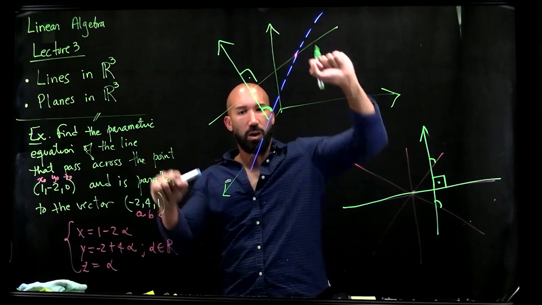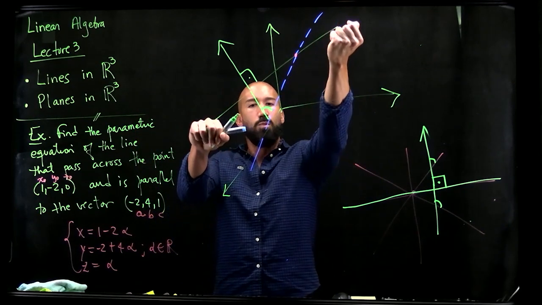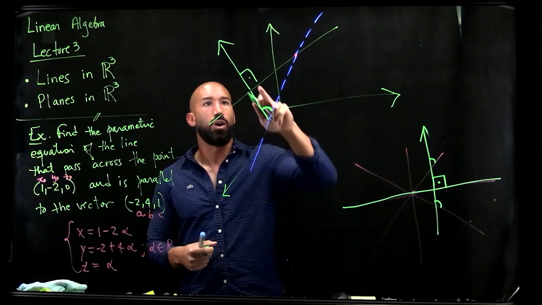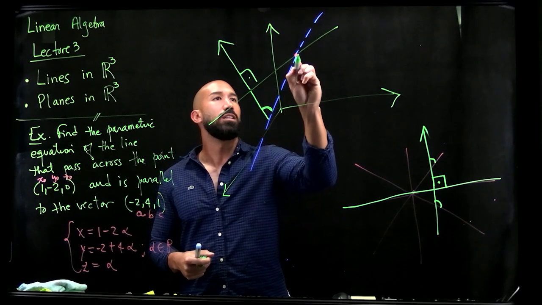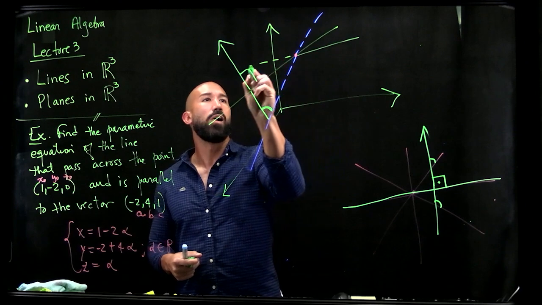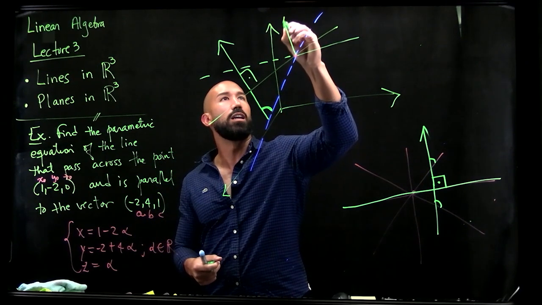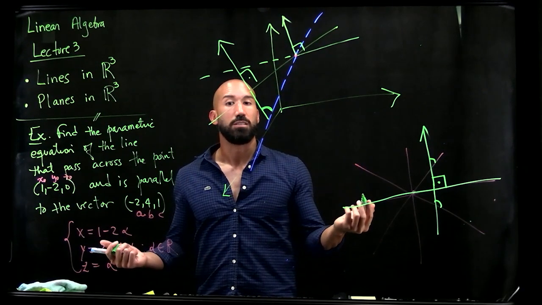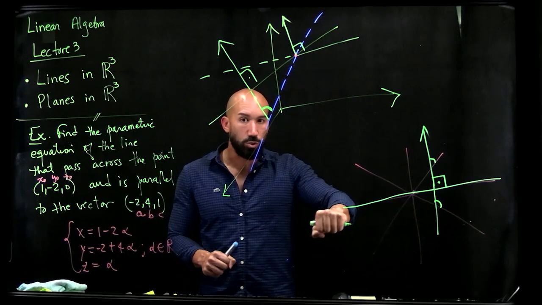I cannot move it that way. It's determining my line somehow. But what happens if I move my line this way? I'm going to keep this angle, 90, but I'm going to move my line this way. So it's 90 here. It's still 90 here with this vector. But it's not the same line, because I have one dimension that I can use to escape.